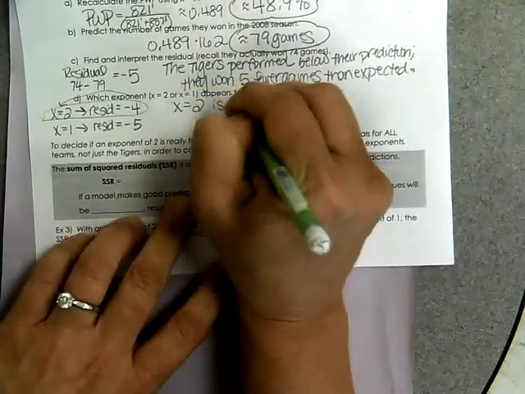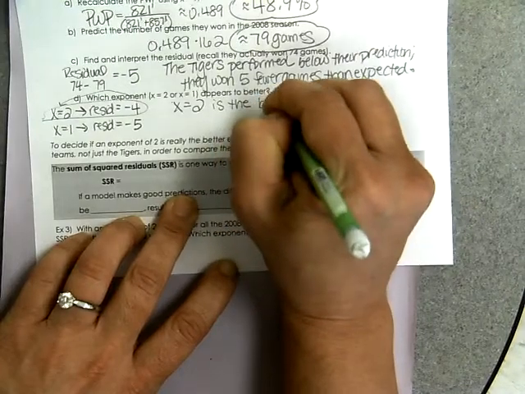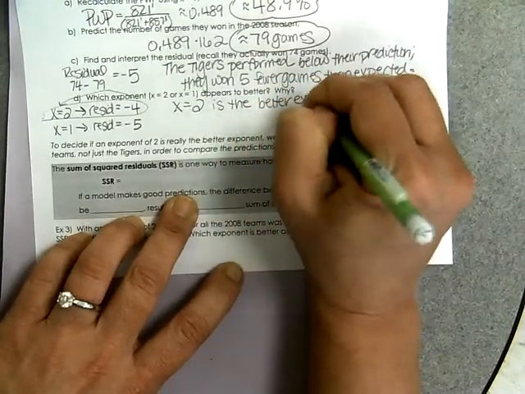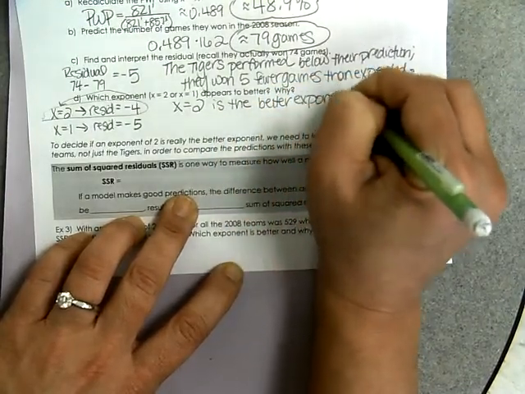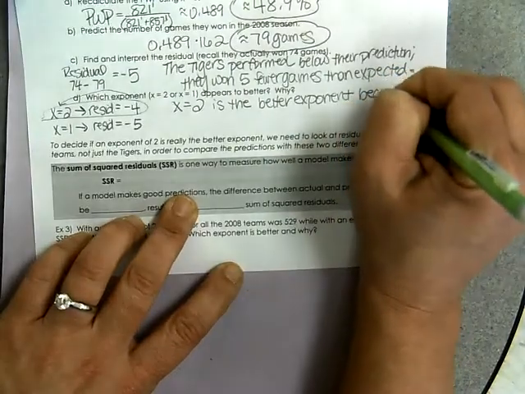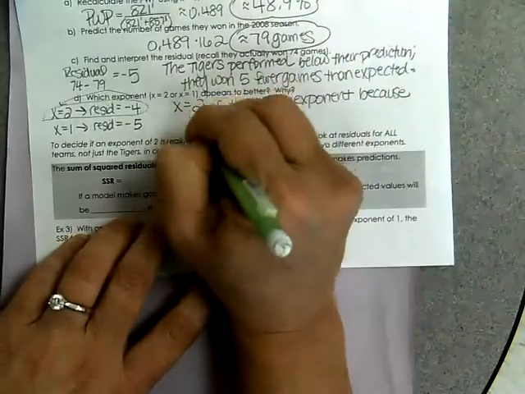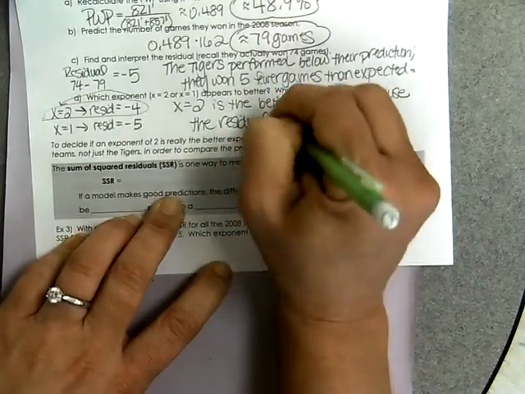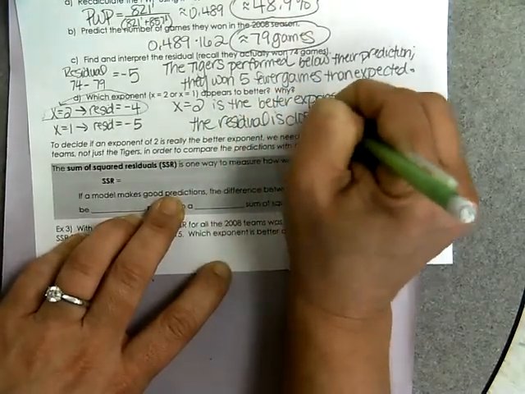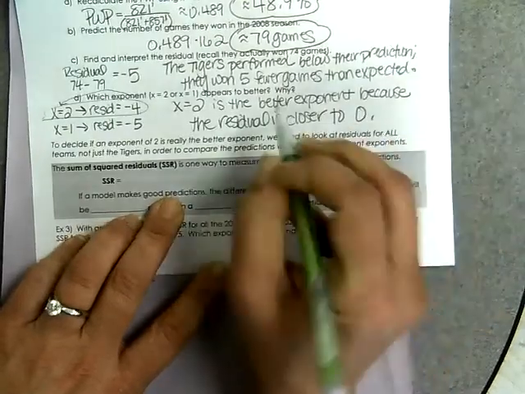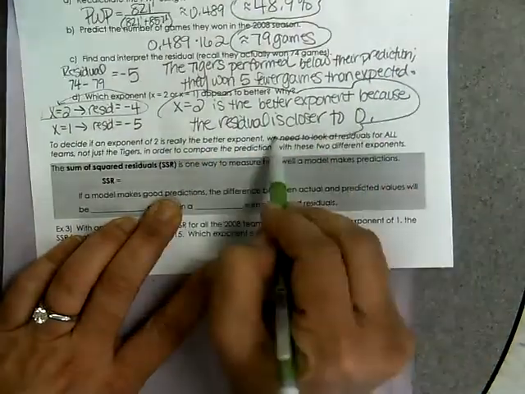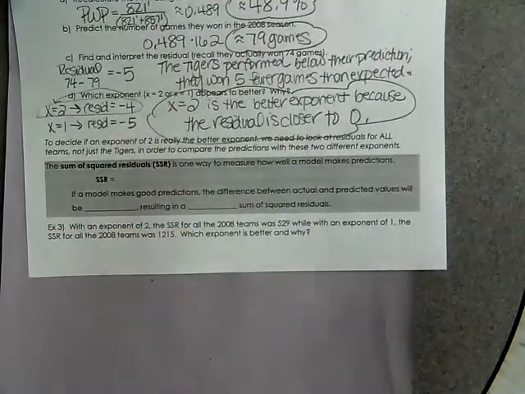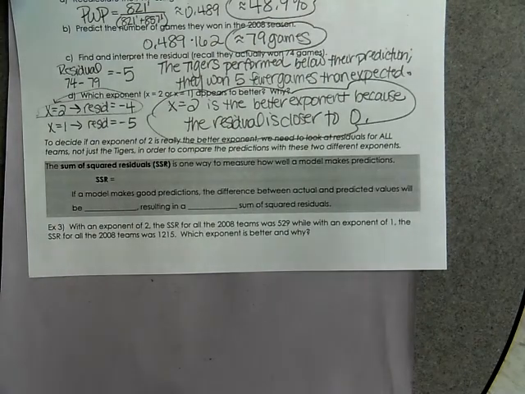X equals 2 is the better exponent because the residual is closer to 0. And that's really key here. The idea of being closer to 0 in a residual sense is always a better prediction.